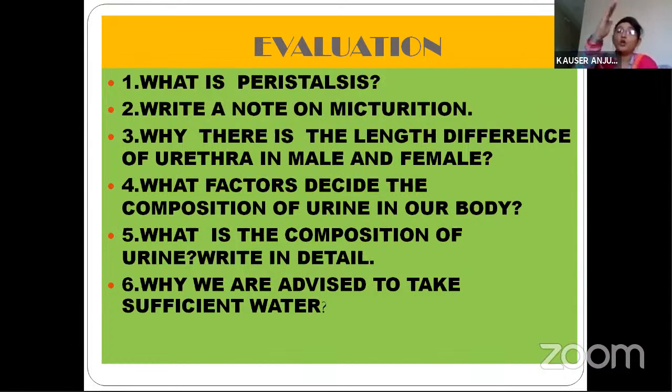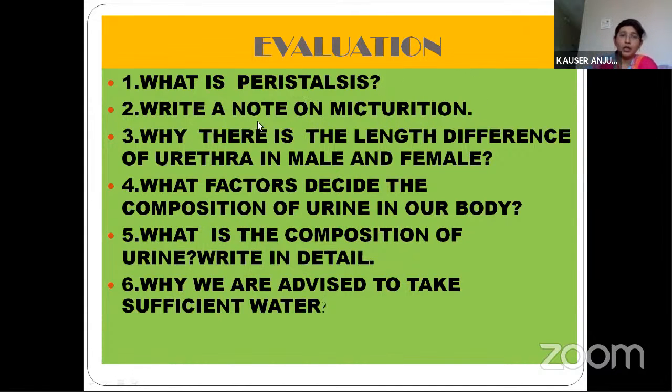So because of these wave-like movements, what happens? The substance which is in the upper position slowly reaches down. So this is the peristalsis, and peristalsis occurs due to the alternate contraction and relaxation of the muscles.